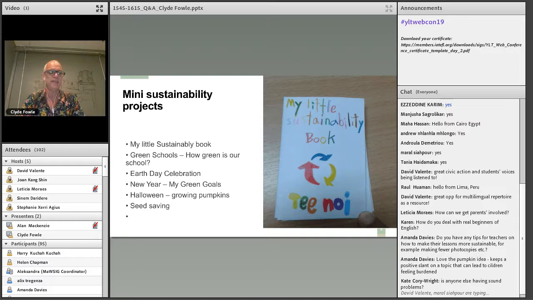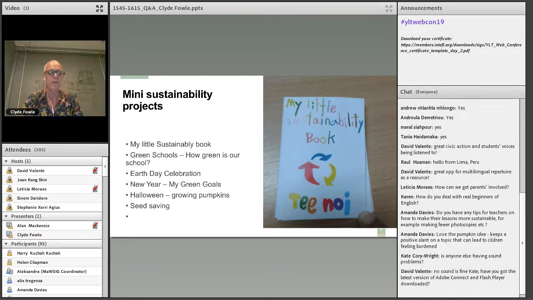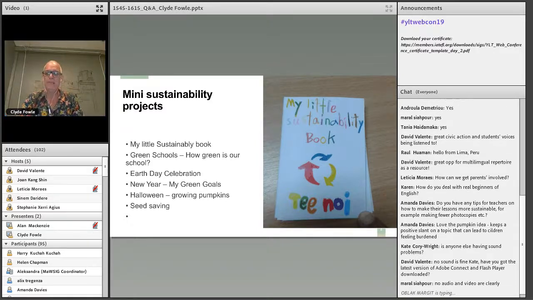Each Saturday or Sunday when they came to class, the first thing they wanted to do was look at our pumpkins, the ones we were growing in class, and tell me about their pumpkins at home. So that got parents involved through the children.